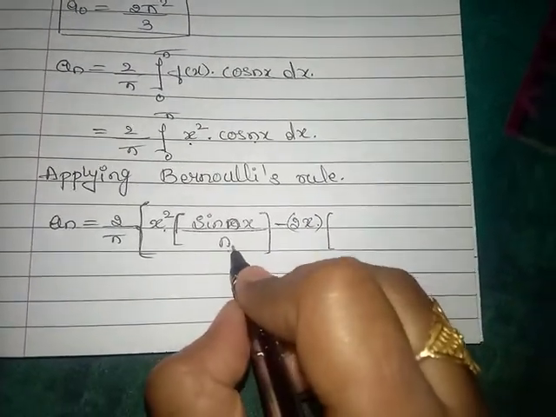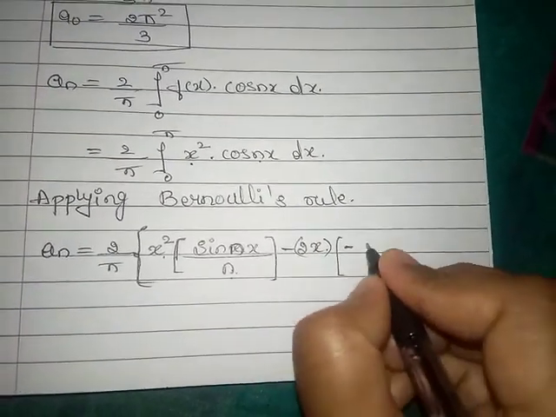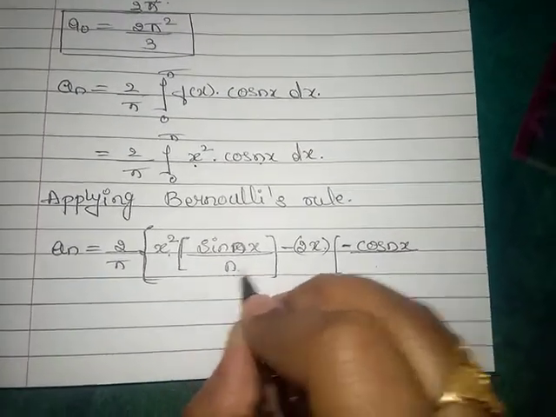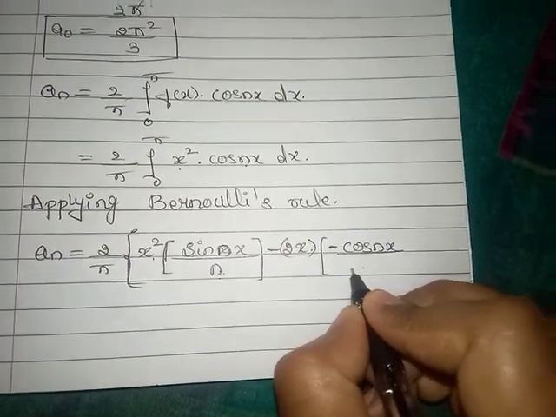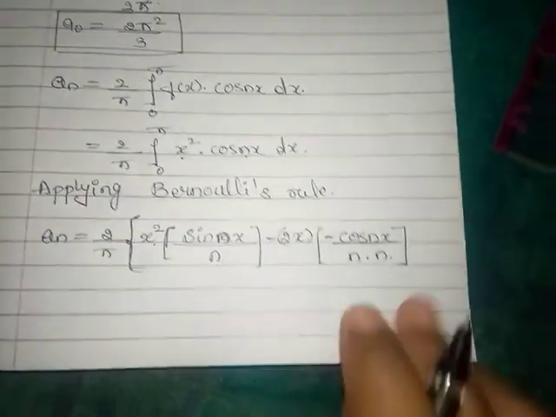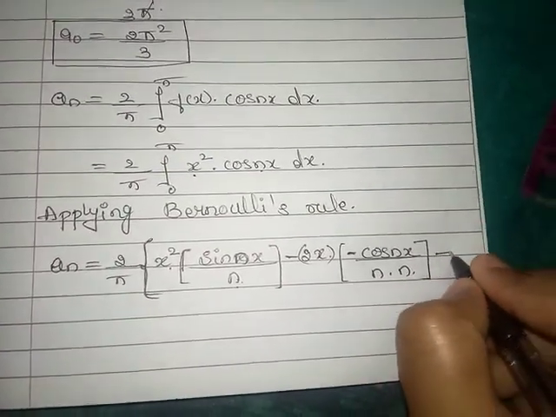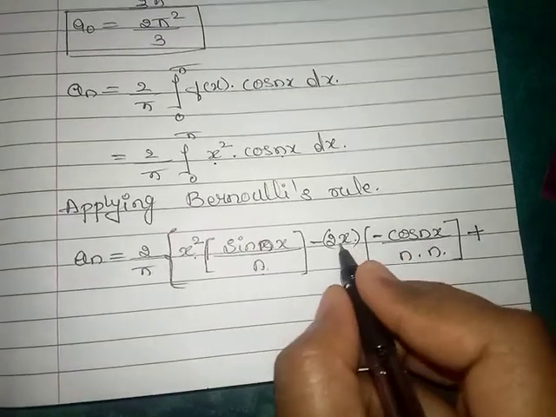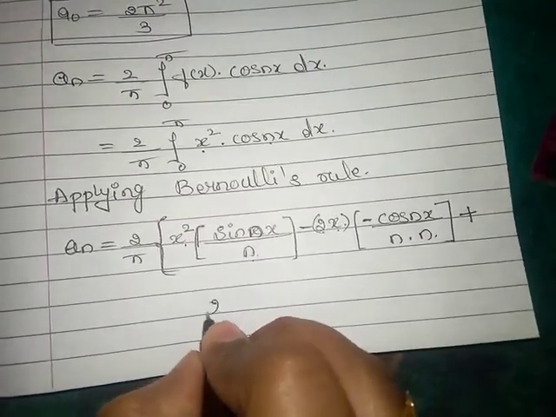and again integrating this one, we get minus cos nx divided by n into n, which is n square. Then plus, the differentiation of 2x is 2 only.